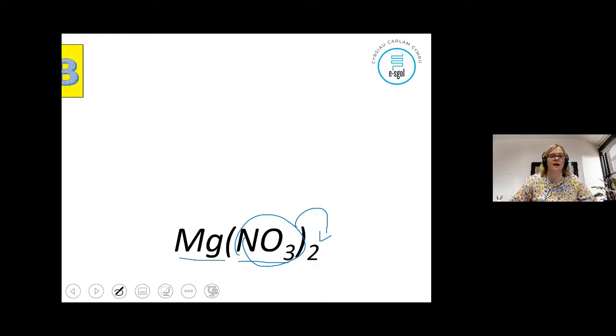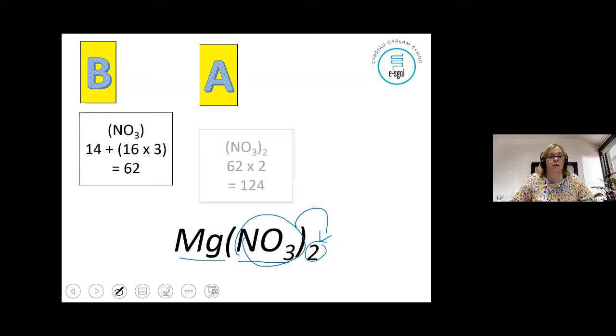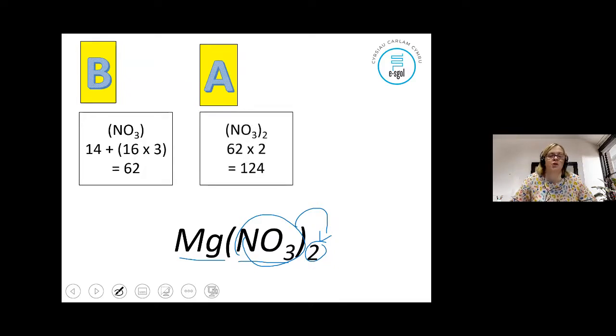So if I go through the steps, BAF, okay, the first step is to work out what's inside the brackets, and inside the brackets totals 62. The A is multiply it by the number after, and you can clearly see that the number after is a 2, so you must multiply 62 by 2, giving you a total of 124.